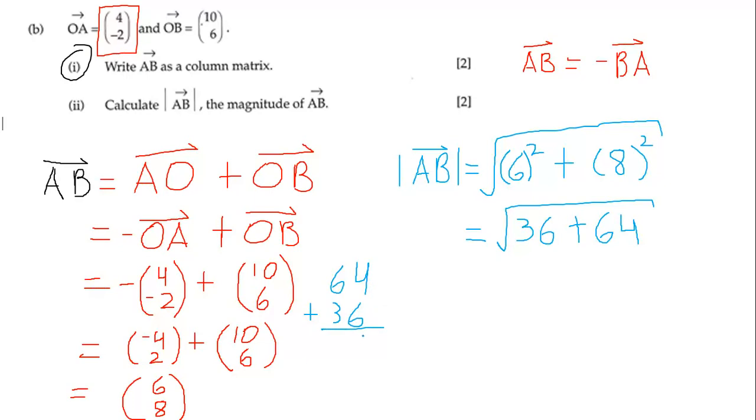So we put the 0 down and we put the 1 above. Now 6 plus 1 is 7. Plus 3 is going to be 10. So 36 plus 64 is actually equal to 100.